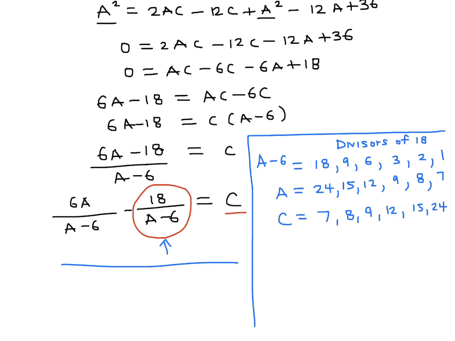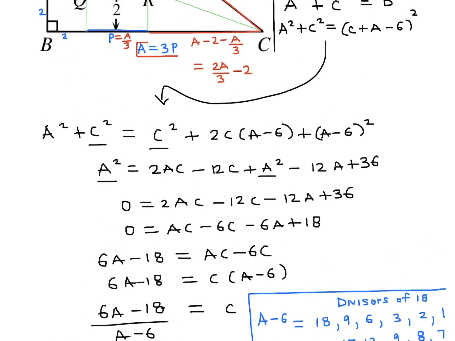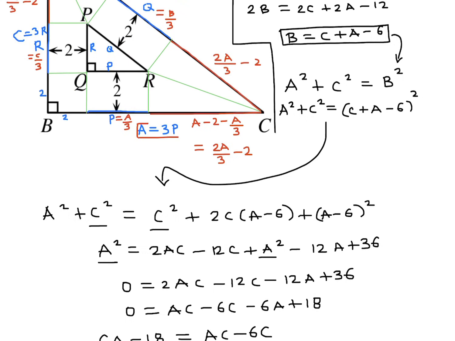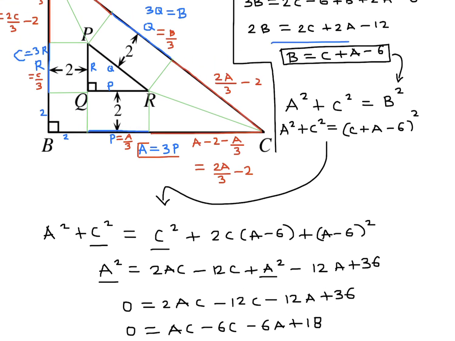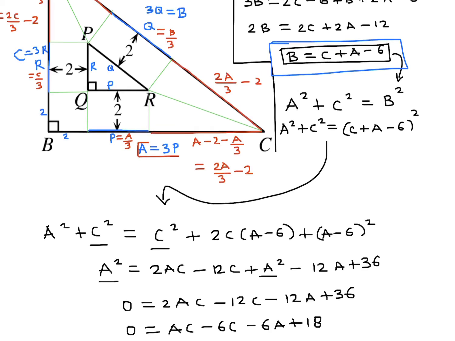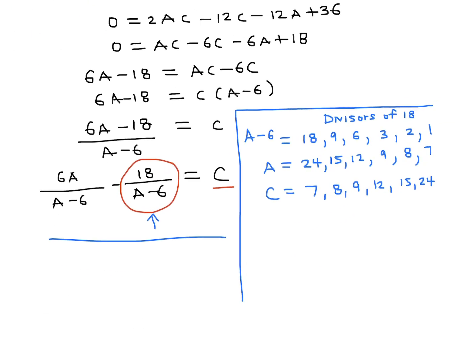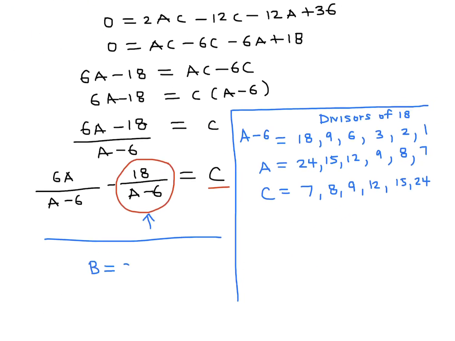Okay? And if you then take these values and plug them back into this one right here, b is equal to c plus a minus 6.